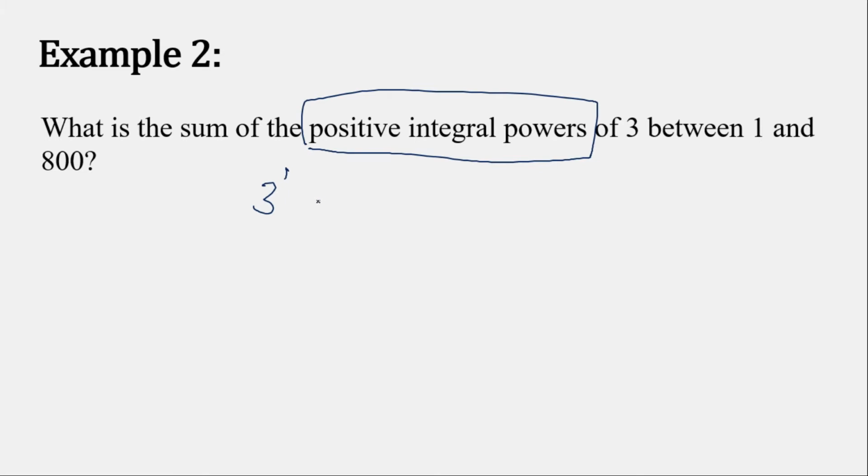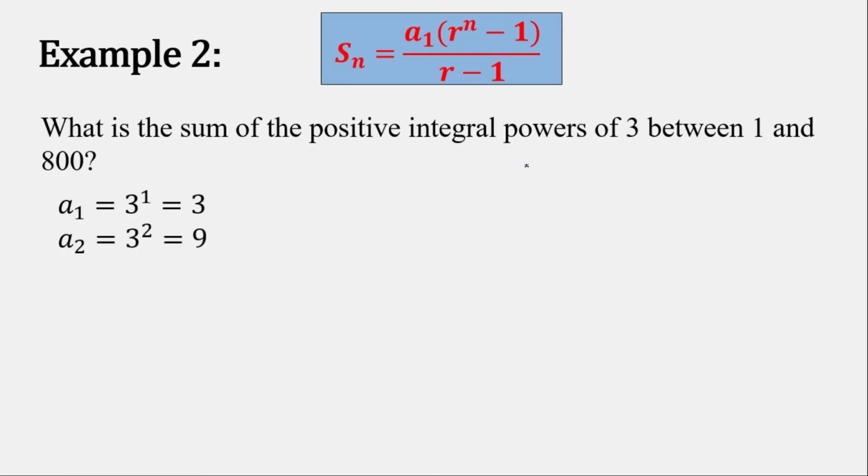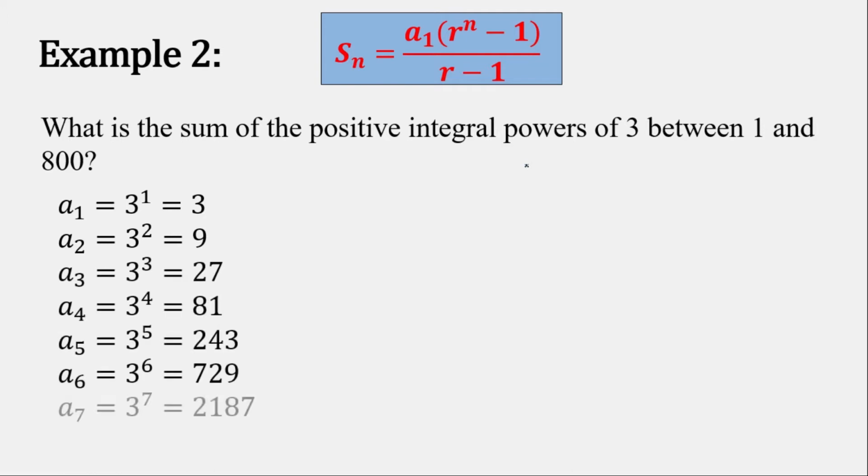That is 3 raised to 1, 3 raised to 2, 3 raised to 3, 3 raised to 4, and so forth. If we're going to compute the first several values of 3 raised to the positive integral power, we will get the following answer.